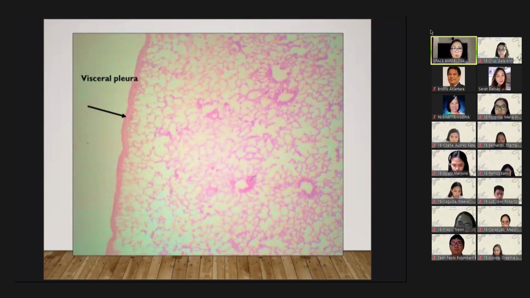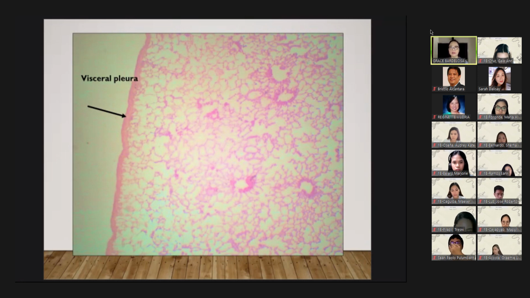Okay? Now, you were taught that the covering of the lungs is made of what we call the pleura. And the pleura is made up of a visceral and a parietal pleura. Now, this lining is lined with what we call a single layer of mesothelial cells. And these mesothelial cells are commonly made up of flattened mesothelial cells, meaning to say it is squamous.